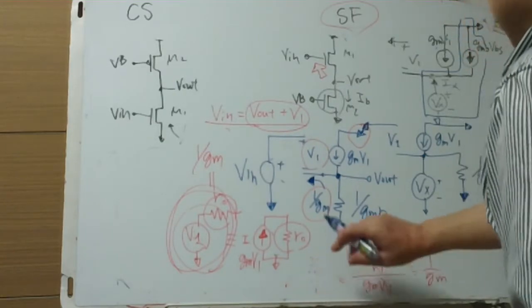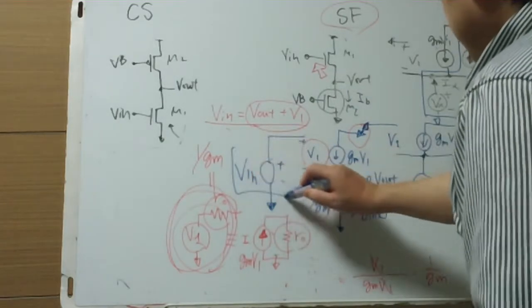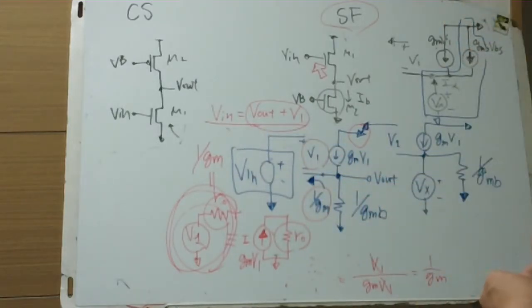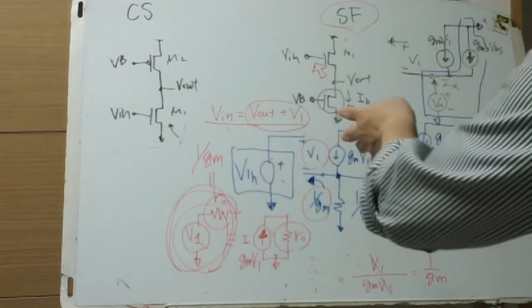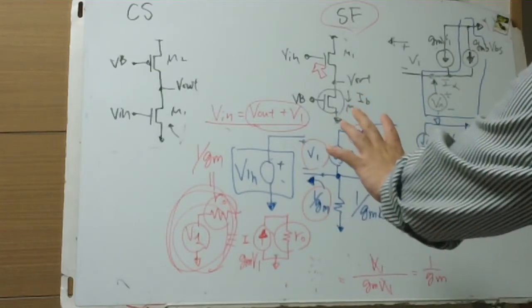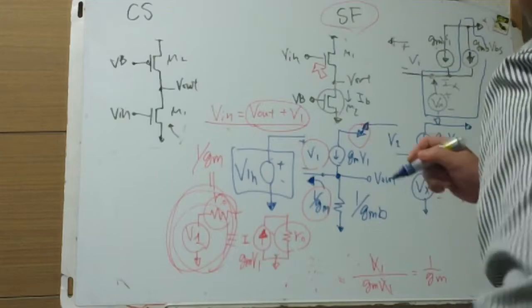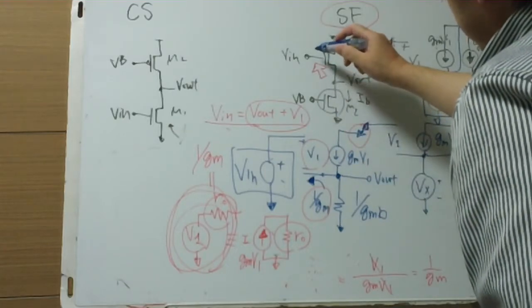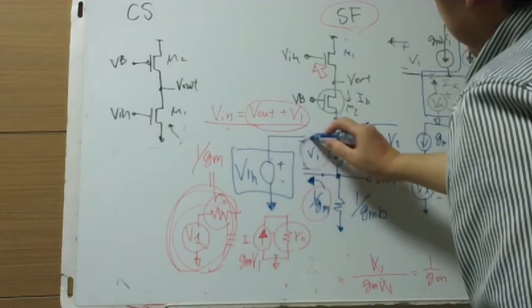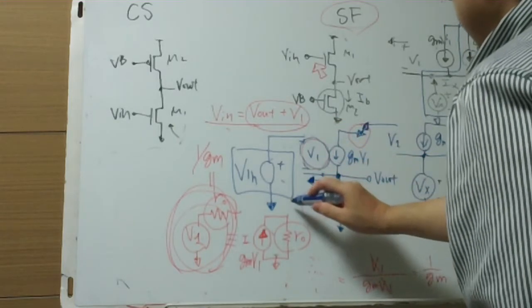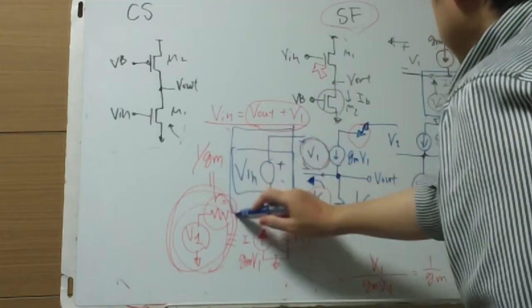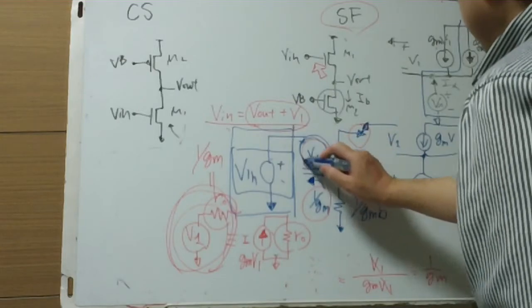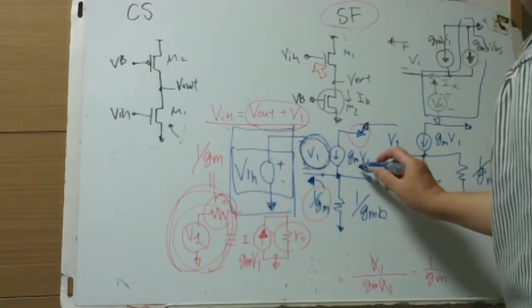This is the cause, but the actual voltage needed to get the equivalence is the applied voltage of source to gate, the gate-to-source voltage V1. And this is the cause, but we don't need this value. We need a representation of V1 and this GmV1.